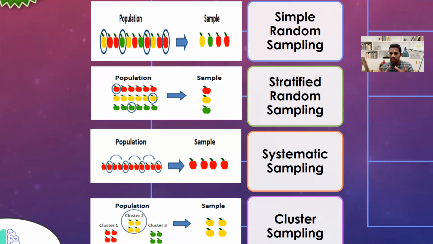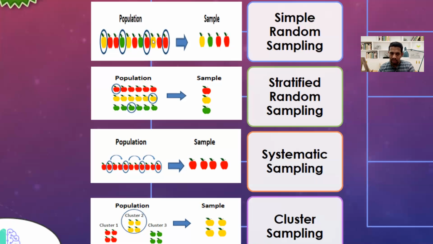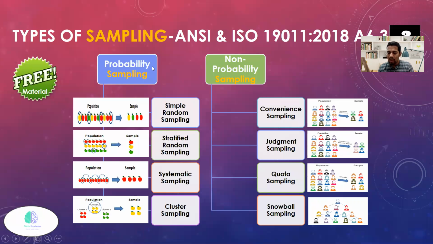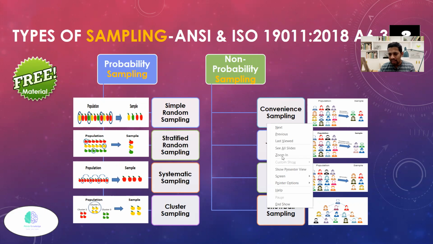So these 4 things are called probability sampling. Everything is probability. One more important rule is that everything has to be randomly picked.